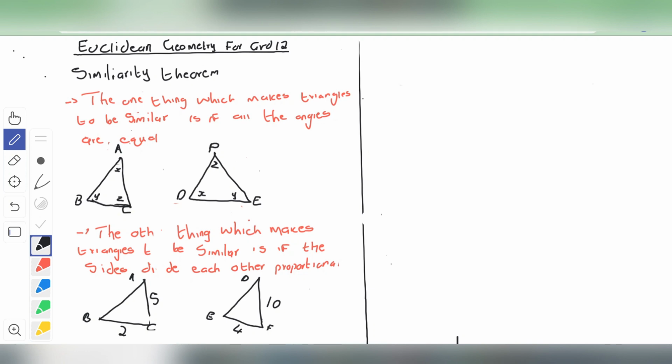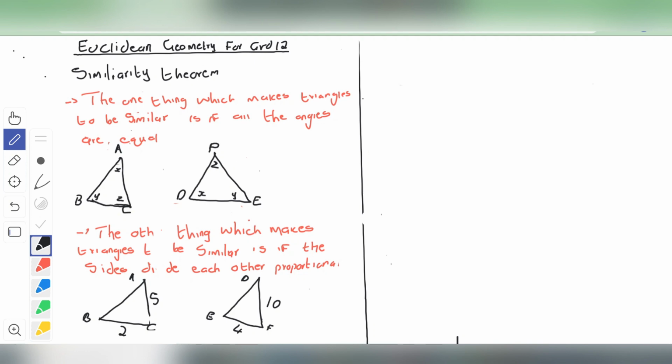From the first triangle, we have triangle ABC and triangle DPE, and we can see that angle A is equal to angle D, they are both equal to angle X. Angle B is equal to angle E, they are both equal to Y. And angle C is equal to angle P, which they are both equal to Z. Okay, the way you call it is fine. So we can conclude that these two triangles are similar because all the angles are equal.